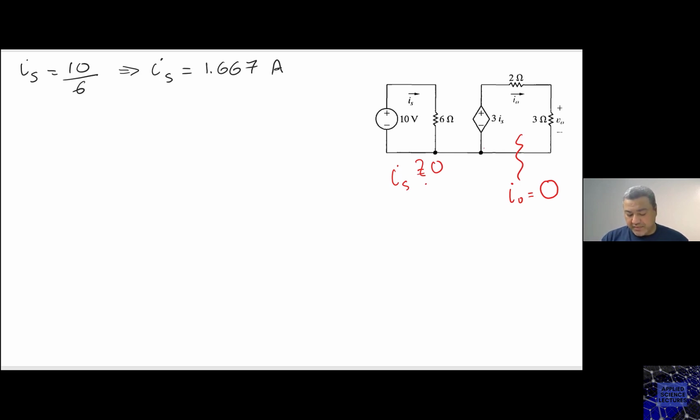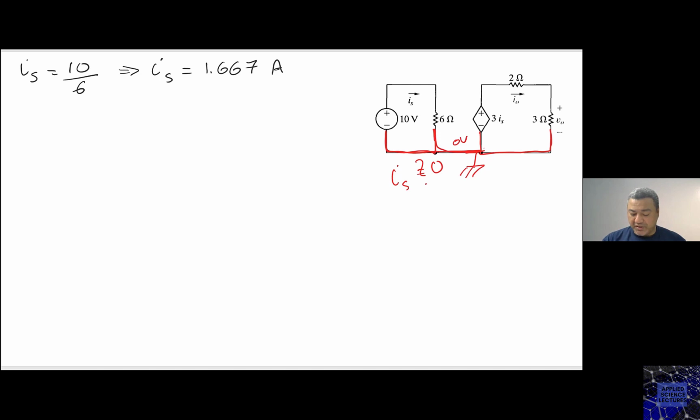As I said, they're sharing the same reference point here. So if I put this one to ground, I have the same node here. But the current is based on the resistor here.